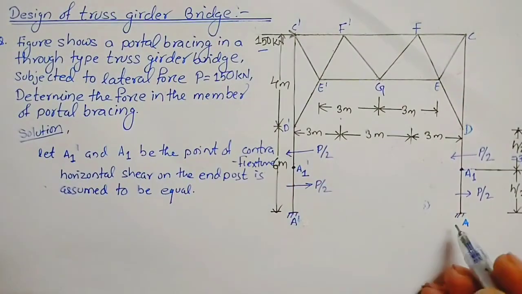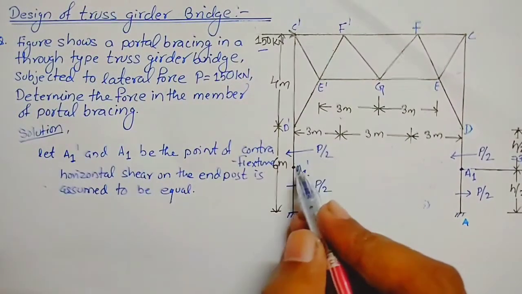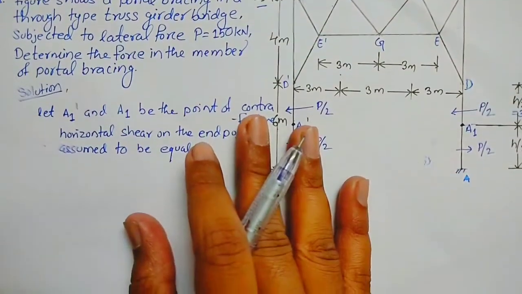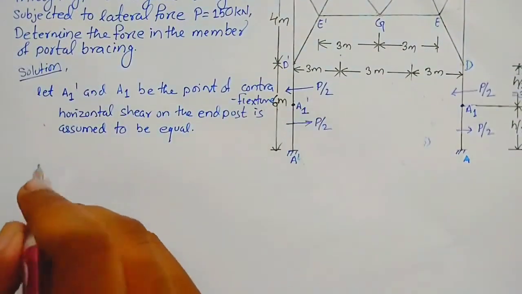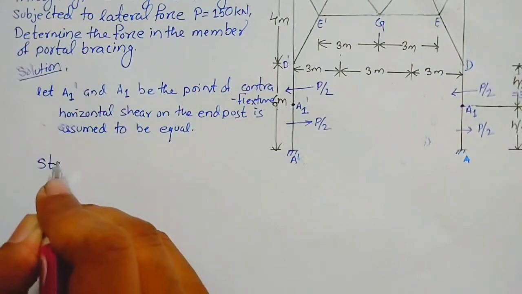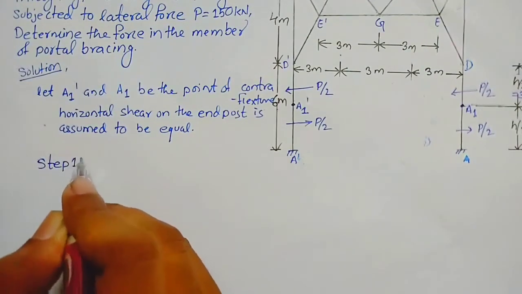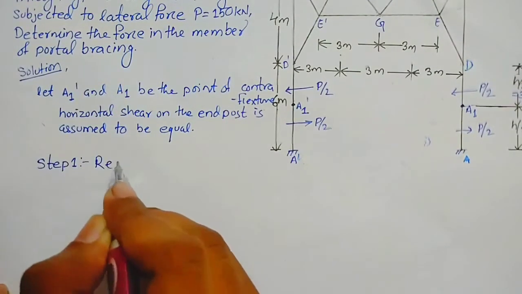In step 1 we will be finding the reactions, means the vertical reaction as well as the horizontal reaction. So let us find out. Step 1, reactions.